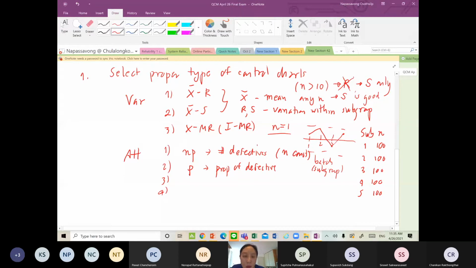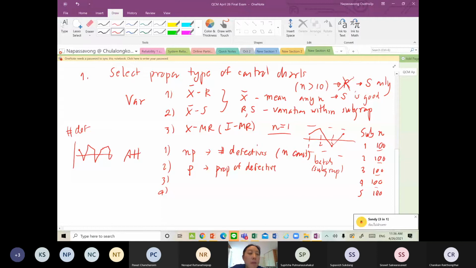In that case, when n is equal for all subgroups, it's fair to monitor the number of defective over subgroups, right? Because it comes from the same ground, which is the same number of parts. But when n is not constant, we cannot use NP, right?